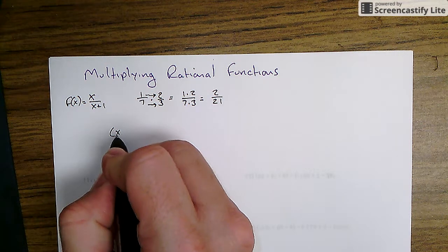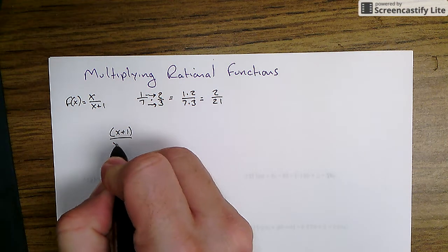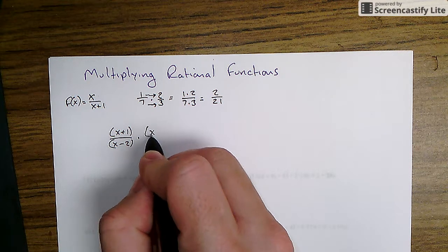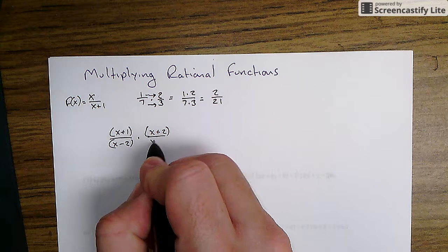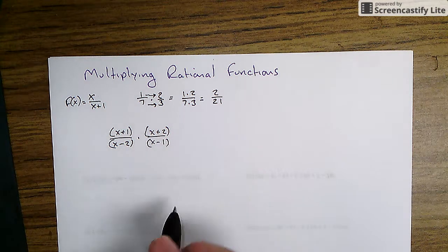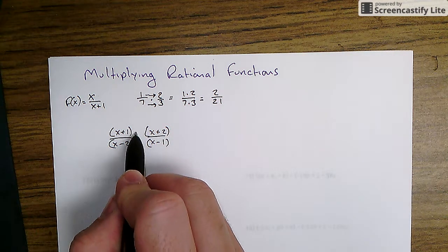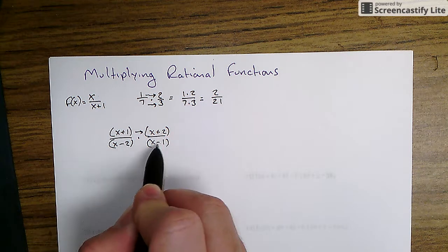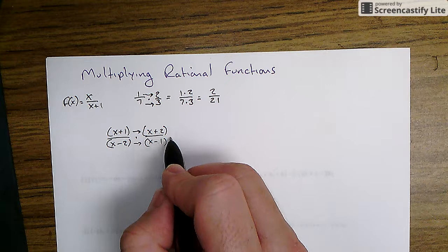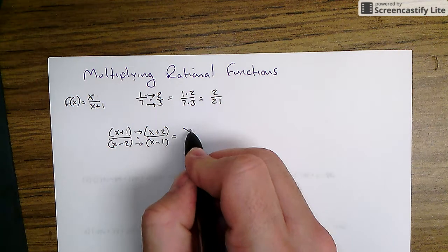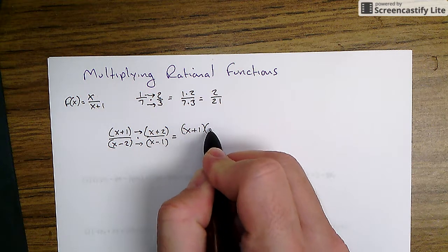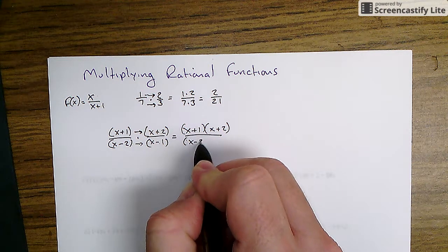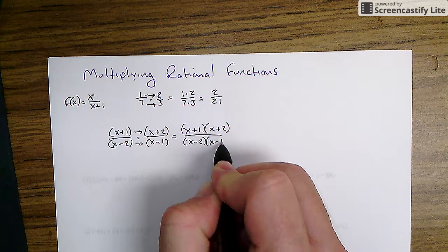So if I have x plus 1 over x minus 2, and I'm multiplying that by x plus 2 over x minus 1, just to keep things simple, then I multiply my numerator by my numerator and my denominator by my denominator. In this case, x plus 1 times x plus 2 over x minus 2 times x minus 1.